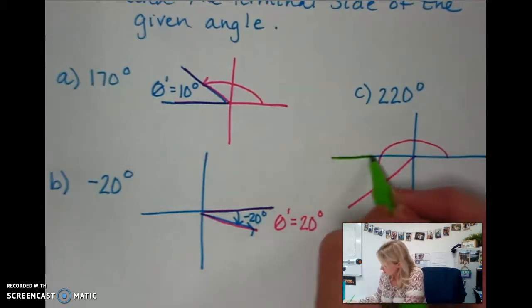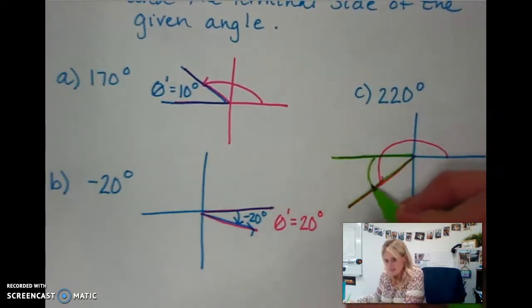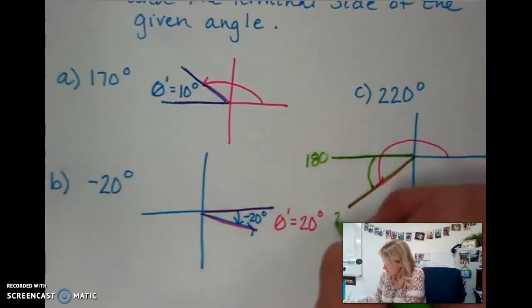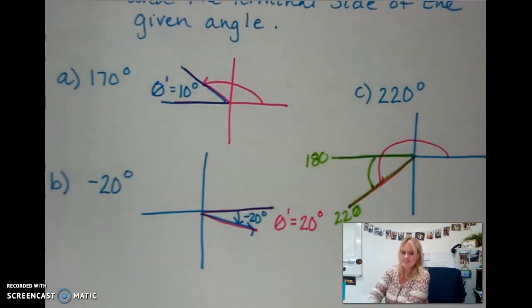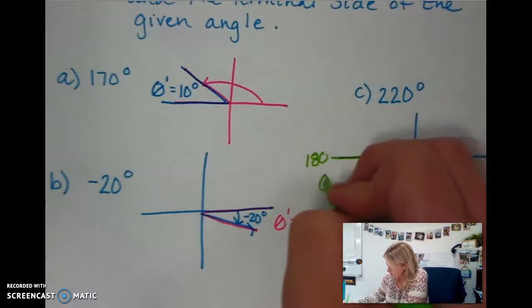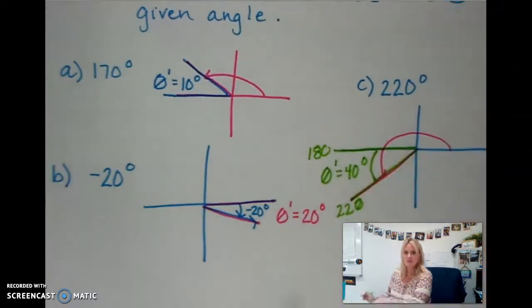So I'm going to use this x-axis and this terminal angle. So I'm talking about this angle inside here. This was 180 degrees. This is 220 degrees. So what is the distance between 180 and 220? It's 40 degrees. So theta prime would be 40 degrees. Remember, it's always positive, so it doesn't really matter where our angle is.